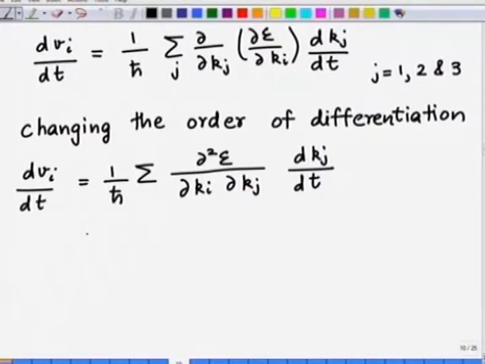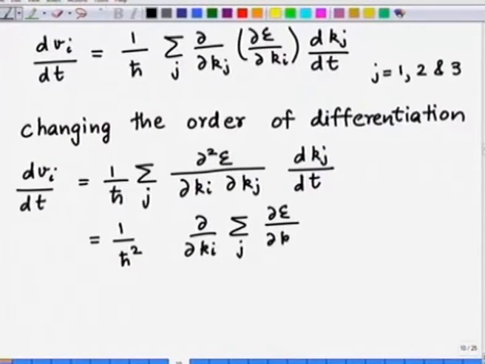If I write it like this, then I can further write it as 1 over h bar square, and this summation is over j. I am going to take this del by del K_i out, and write this as a summation over j of del E by del K_j and dk_j by dt. Sorry, h bar should also be put in there. So I should put an h bar in there.